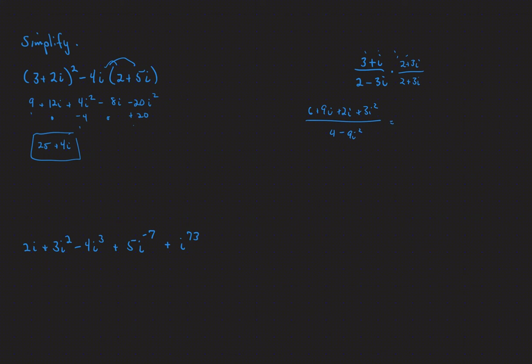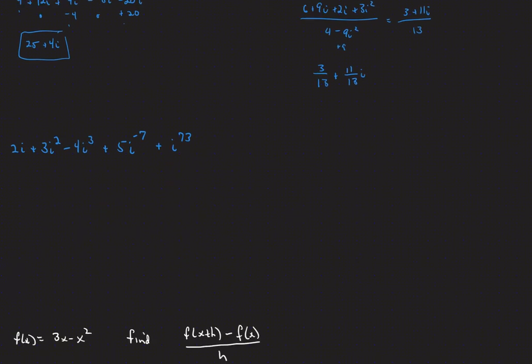So the i squared is -1, making that -3, plus 6 is a positive 3, 9i plus 2i is 11i, and minus the 9i squared makes that a plus 9. That becomes 13. We'll split that apart so it looks like a plus bi, where the a is the fraction 3/13 and the b is the fraction 11/13.